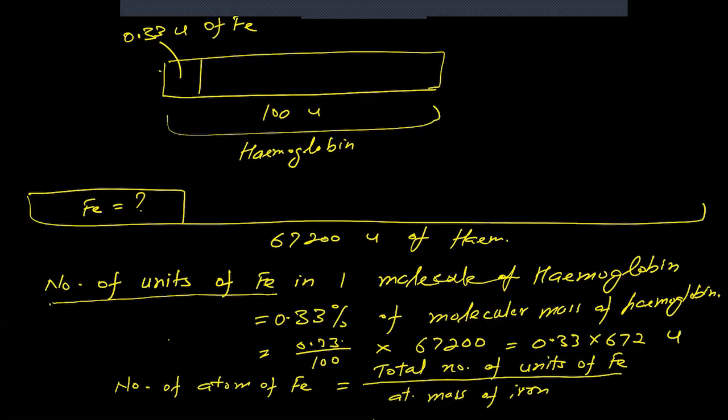What is the atomic mass of iron? It is how many units are there in one atom: 56. So you will write 0.33 into 672 divided by 56. When you calculate, I think it should come close to 3.96, which is actually 4.